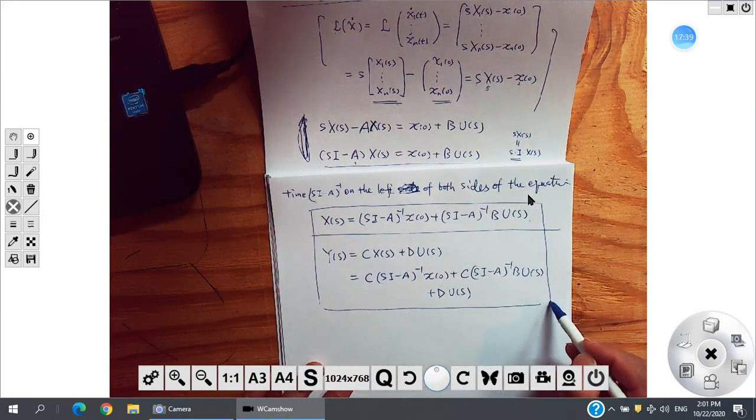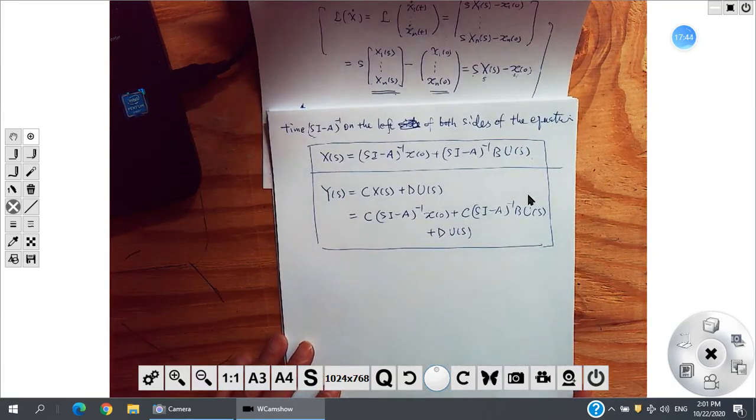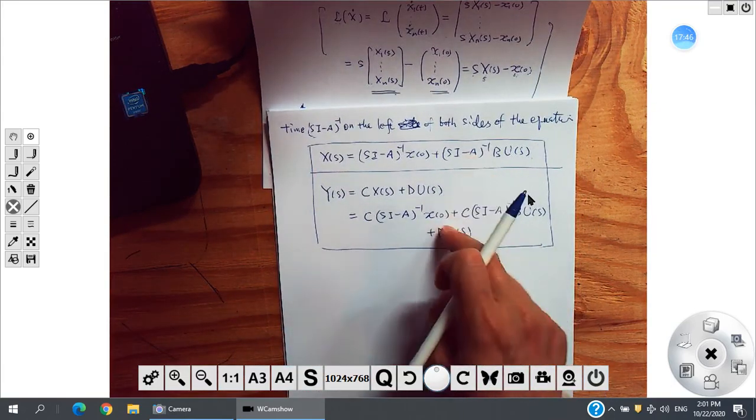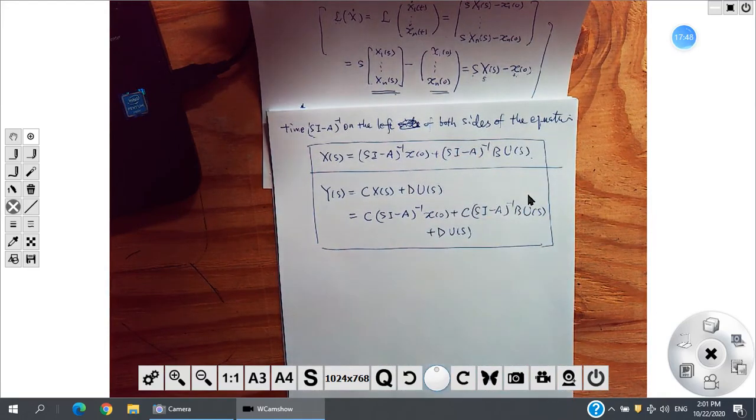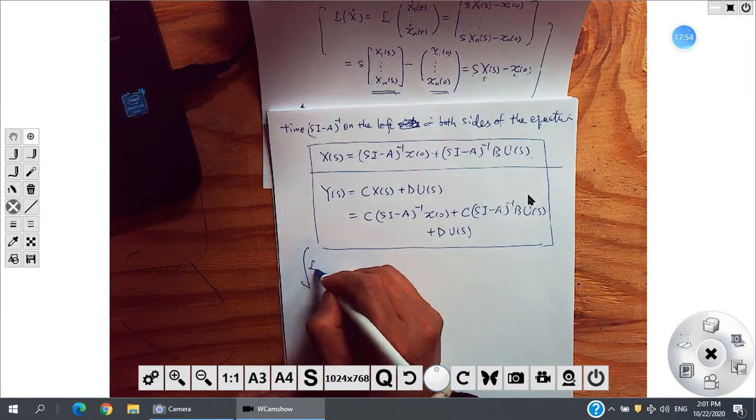One is for the state variables, the other is for the output Y. Both are formulas in the s domain. Then we can have similar formulas in the time domain by the inverse Laplace transform.